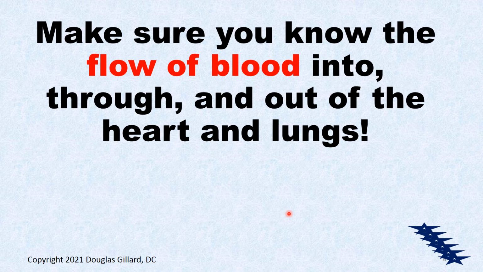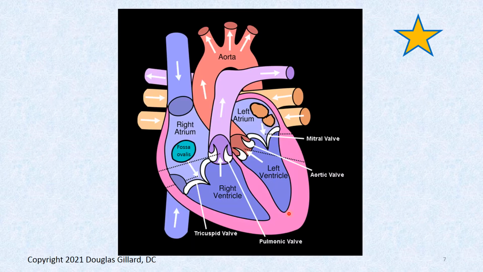And absolutely make sure you know the flow of blood. I think you should know this from the first lecture, but yeah, flow of blood. Here's the superior vena cava. Inferior vena cava is down here. And the blood goes into here. Remember, there was a foramen ovale during development where blood shot right through this hole into the left atrium.